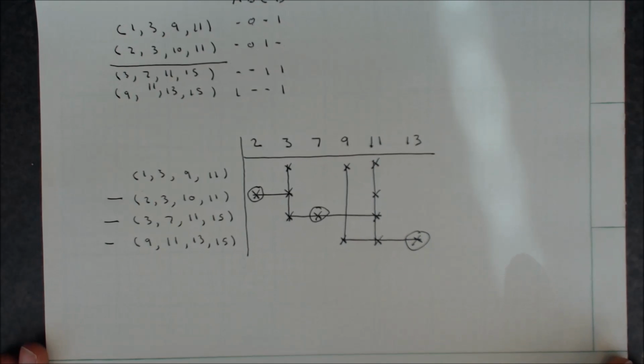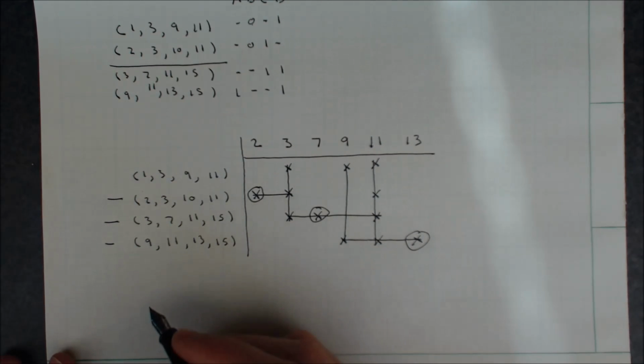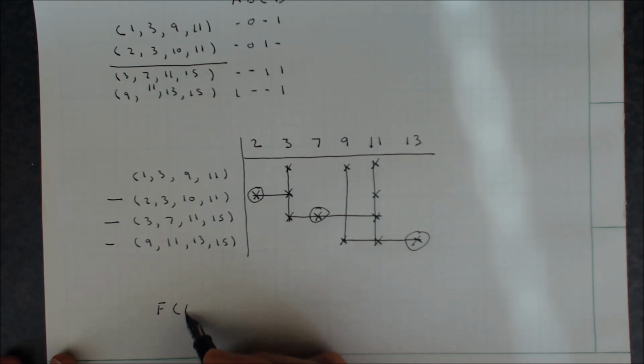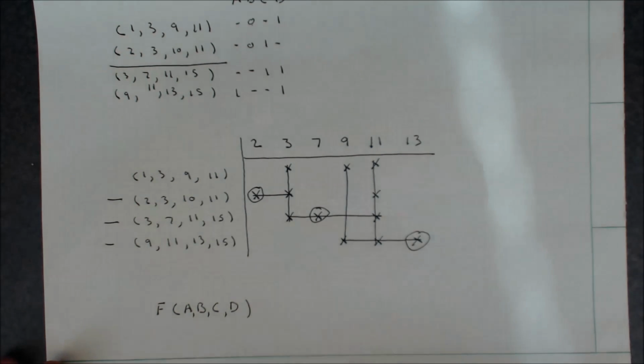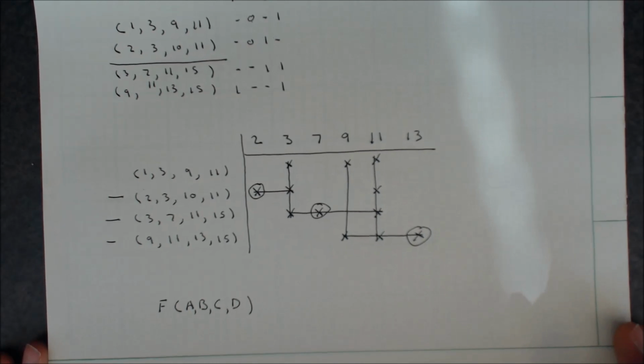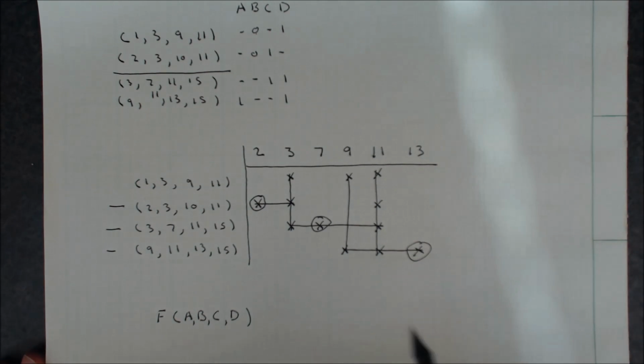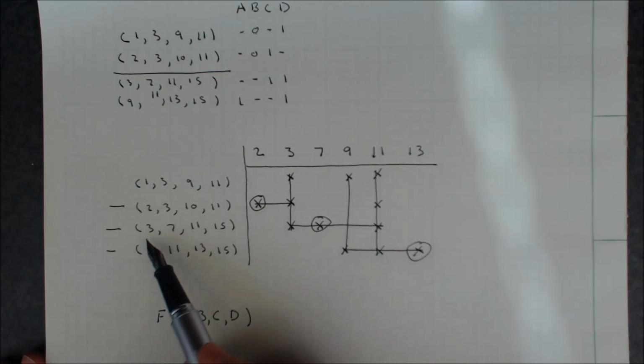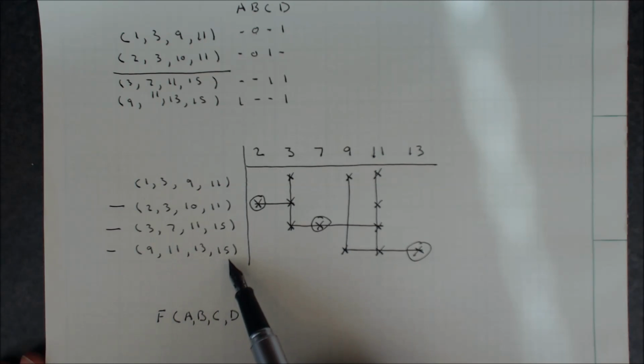In this case, our solution for f of a, b, c, and d will look back up at our values for 2, 3, 10, 11, 3, 7, 11, 15, and 9, 11, 13, 15.